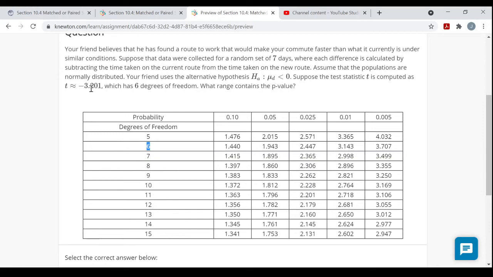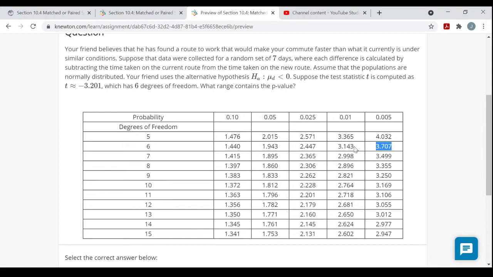So I'm going to look at where positive 3.201 lies. Well, it's bigger than this, bigger than this, bigger than this, bigger than this, but not bigger than this. So 3.201 falls between 3.143 and 3.707.